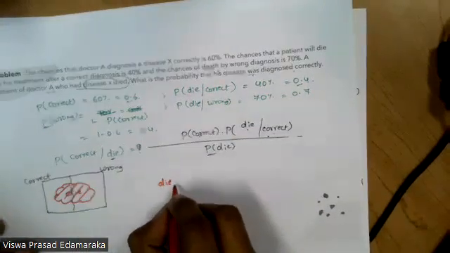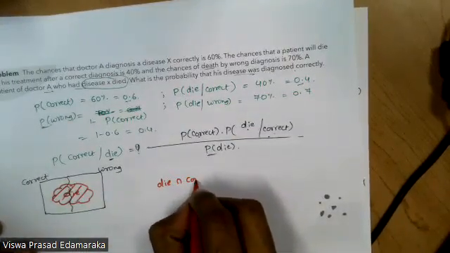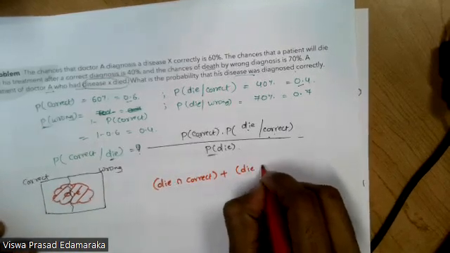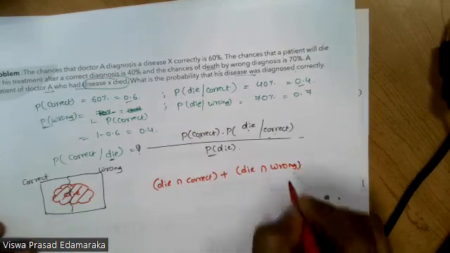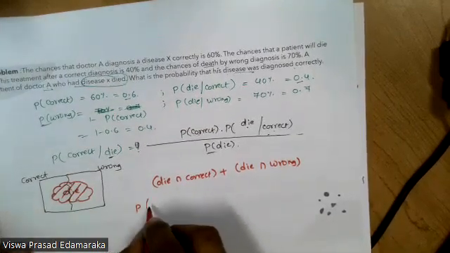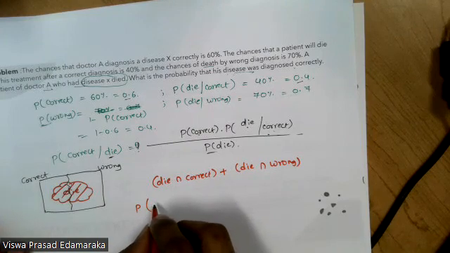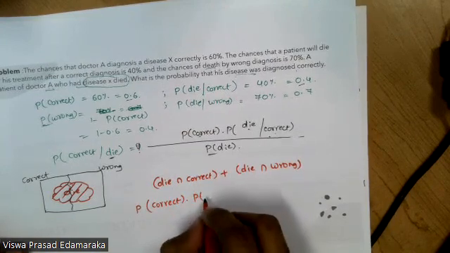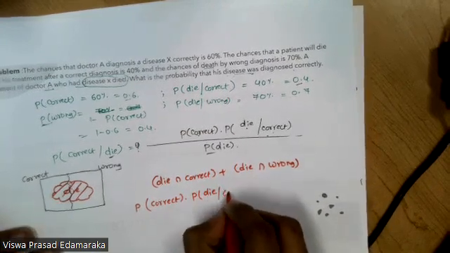Die is intersecting with correct as well as die is intersecting with wrong as well. From the multiplication rule, P of correct into P of die.